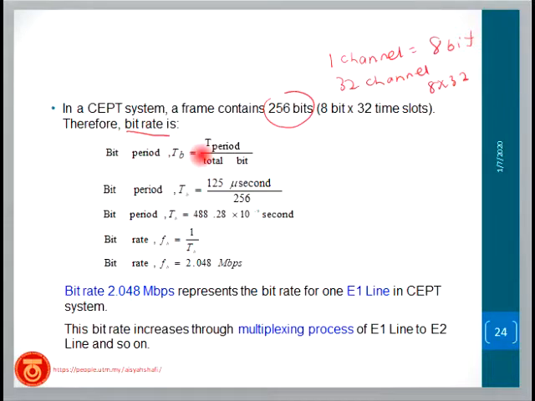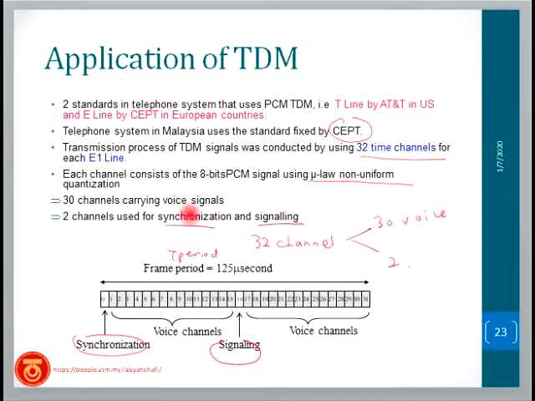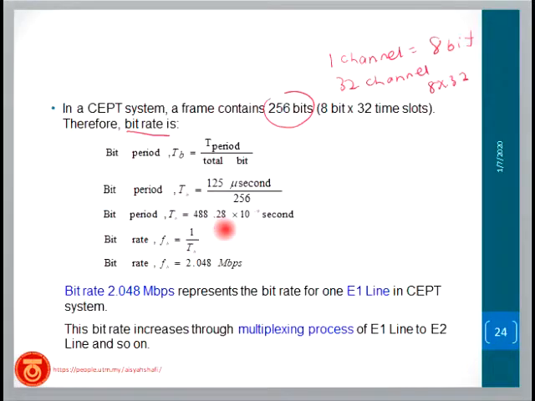So how do we calculate the bit rate? The bit period formula is T period over total bits. From previous, the T period is 125 microseconds, so 125 microseconds over the total bits, which is 256, gives the bit period.